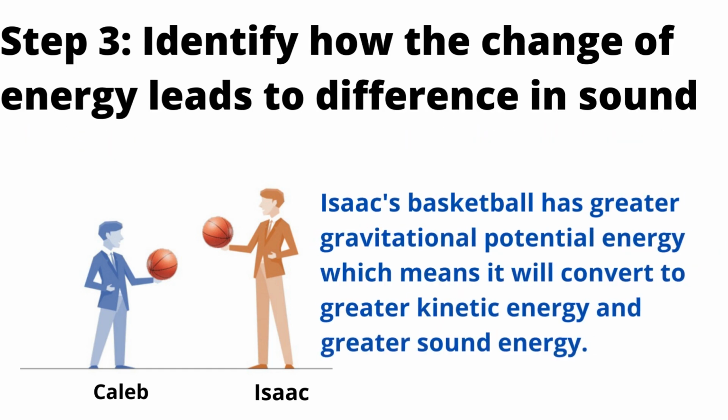Now, with that in mind, how will the change lead to a difference in sound? Just now we mentioned Isaac's basketball has greater gravitational potential energy. That means it will convert to greater kinetic energy first, and then it will also convert to greater sound energy.